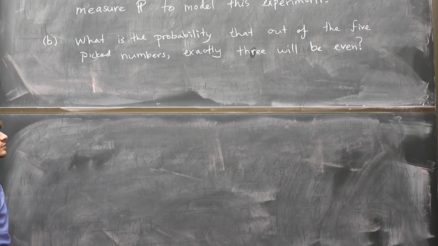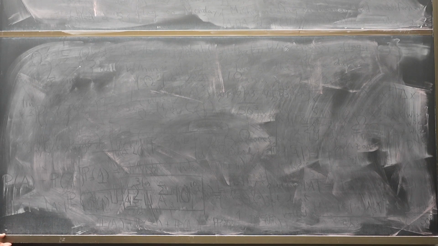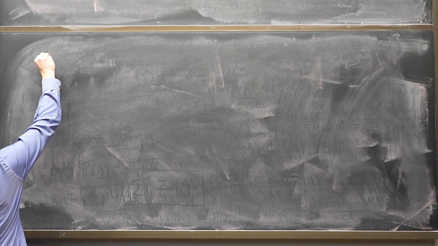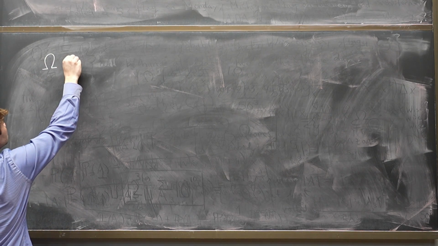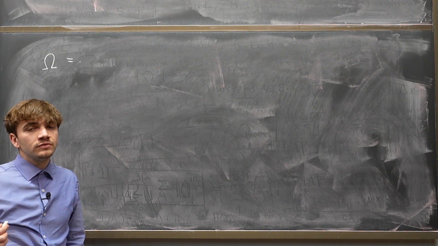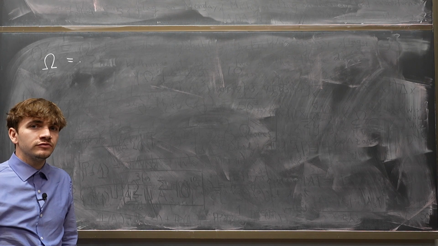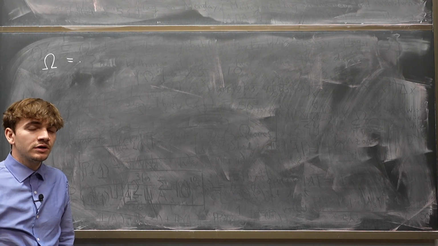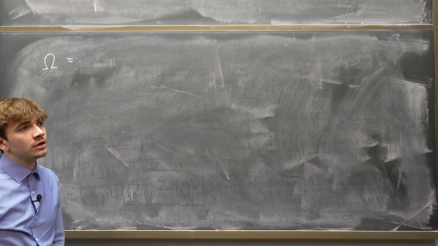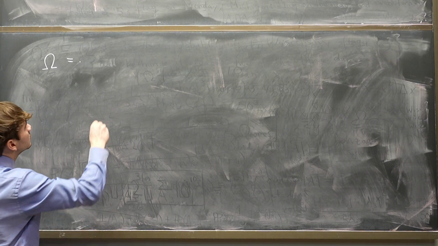So first, I need to describe my sample space omega. So this is the set of tuples of 5 different numbers which are picked from the set 1 through 40, but they must be distinct.